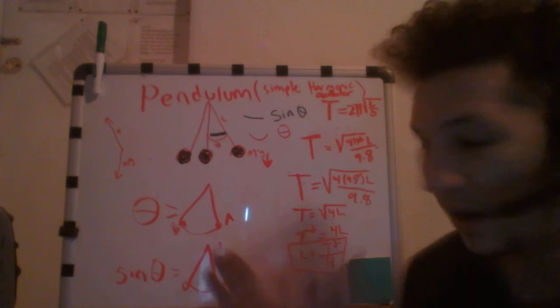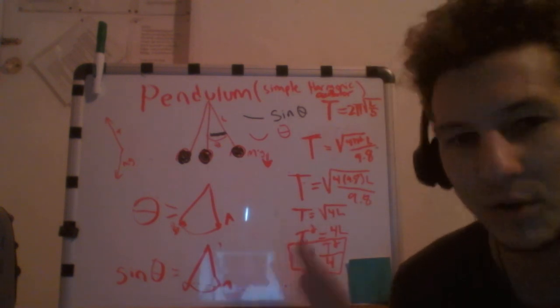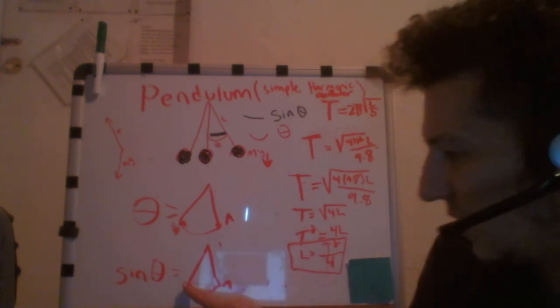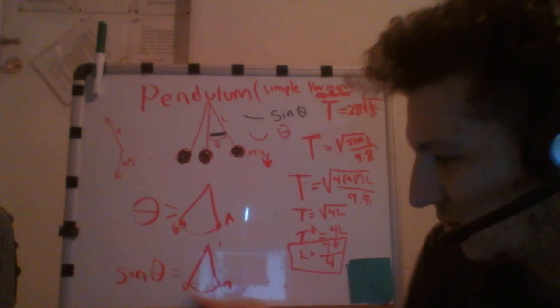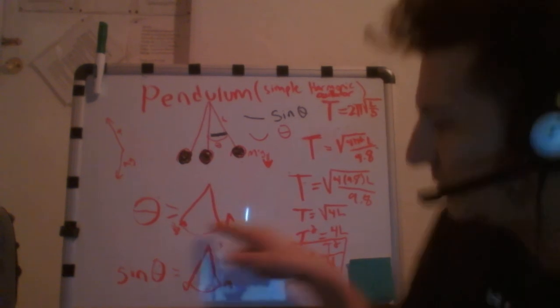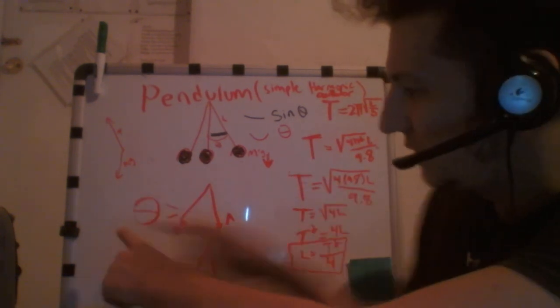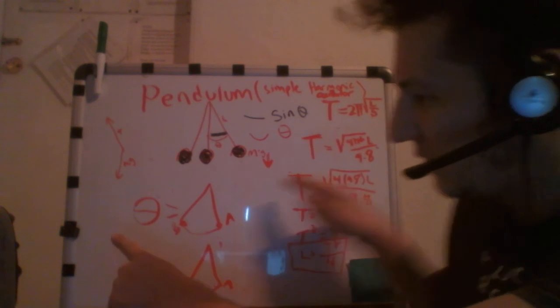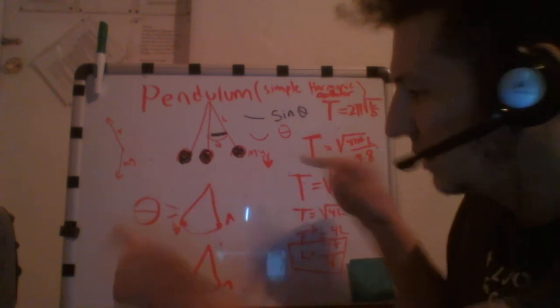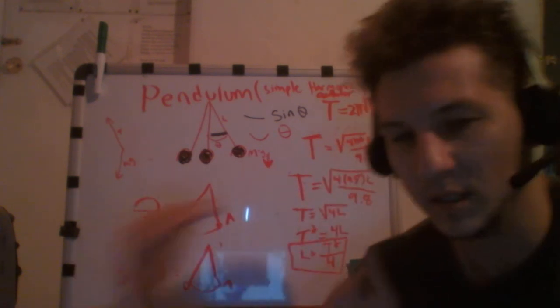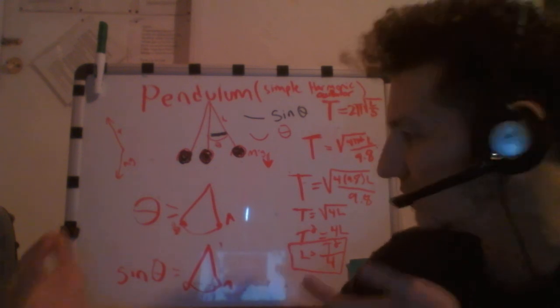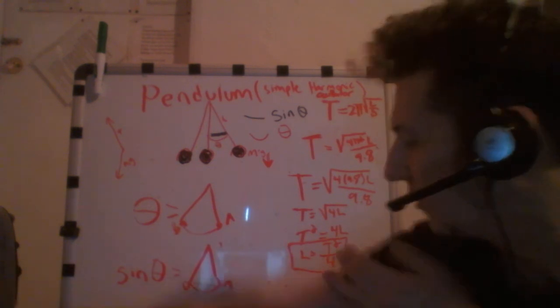So the shorter the angle, you want to stay within like 20 degrees. The shorter the angle, this length is very close to that, but if it was like 90 degrees, this length is going to be a lot longer than straight across. So the accuracy is lost the further the angle theta.